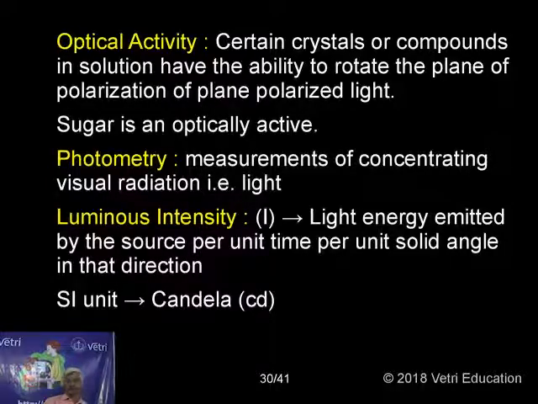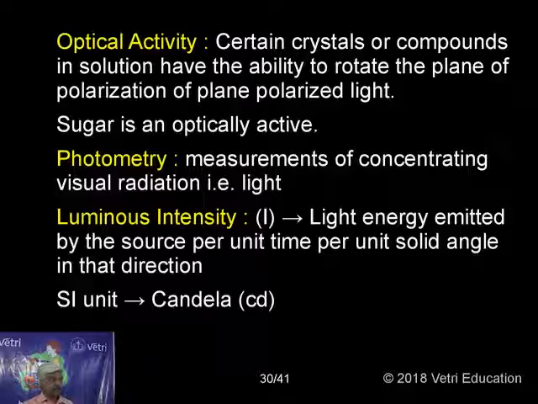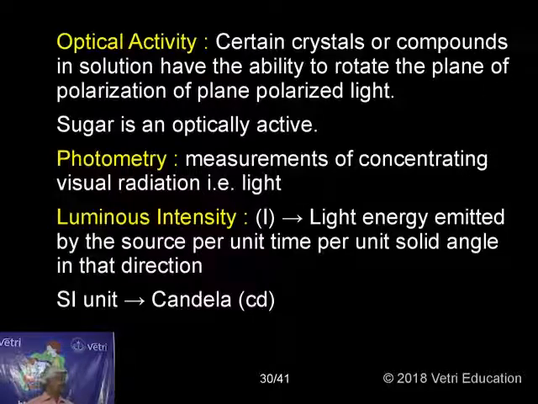Sugar is optically active. In the human body, the sugar level, diabetic level, can be calculated using this optical activity method. We use a sample of blood that is rotated in a centrifuge machine, and if it rotates, it separates out how much sugar it has. So sugar is an optically active substance.